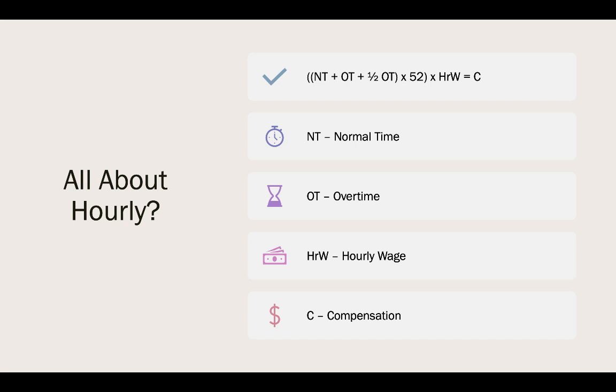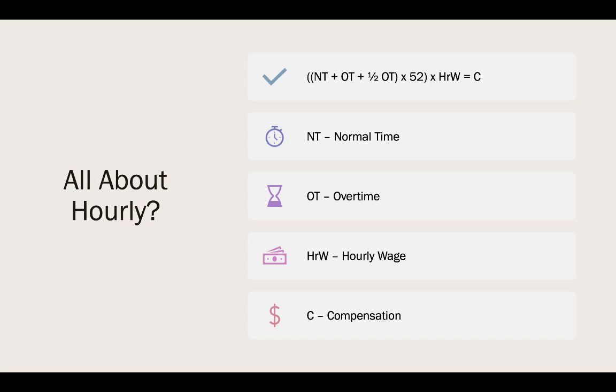So if you work 48 hours this week, you've got 40 hours of normal time and 8 hours of overtime, and that overtime is paid at time and a half. So normal time is paid at $15 an hour, overtime at time and a half, or $22.50 per hour. We've got that multiplied by 52, so that's 52 weeks.